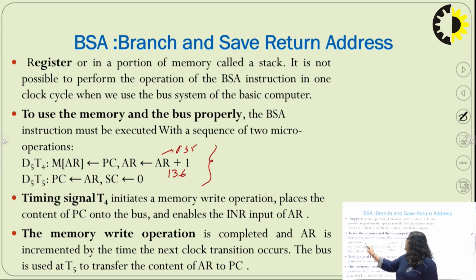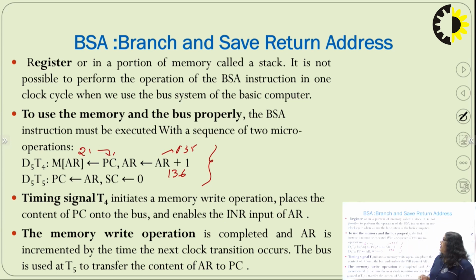M of AR, that is 21, transfers to PC. So the PC value, that is 21, transfers to M of AR. M of AR means memory of 135, where the value 21 resides in this case.